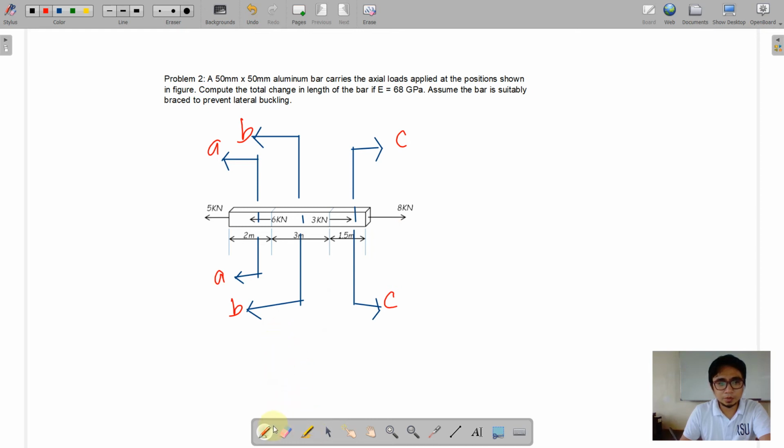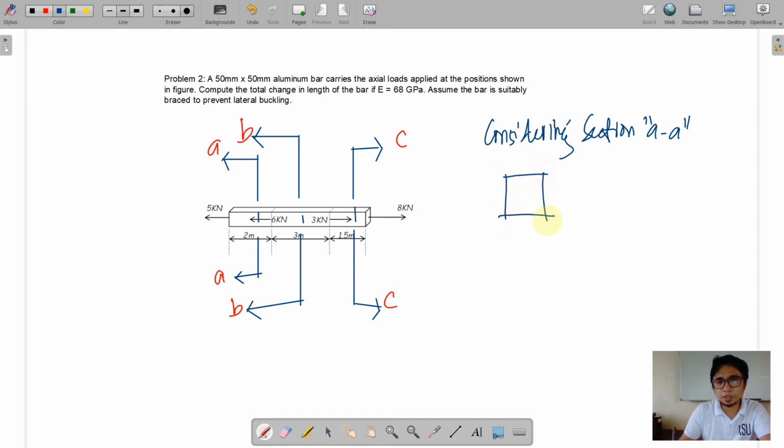So considering section AA, let us illustrate what are the forces involved on section AA, only the left portion, of course.